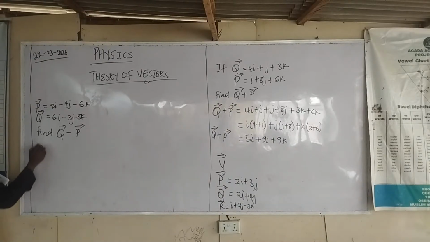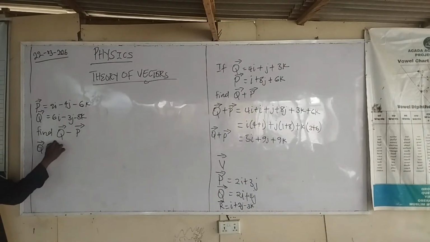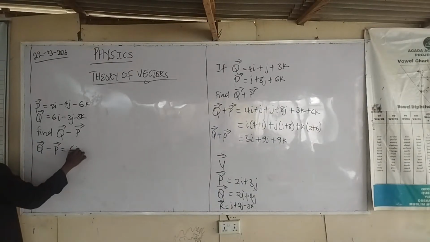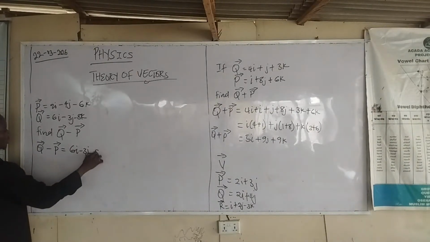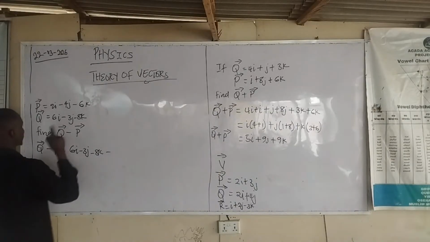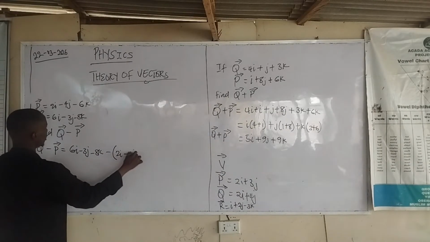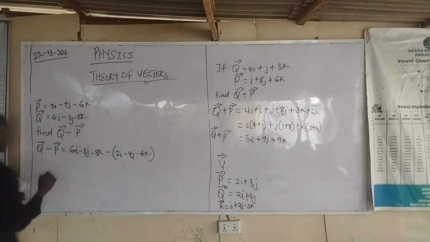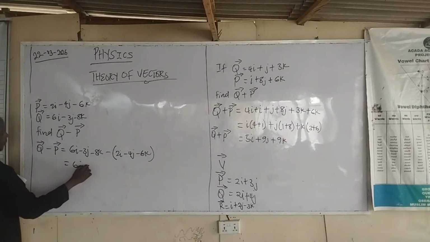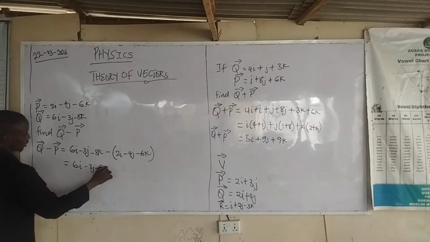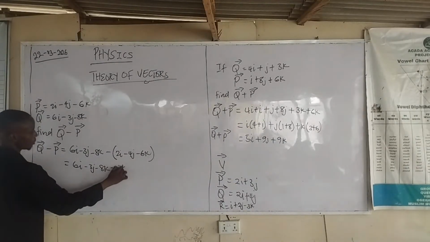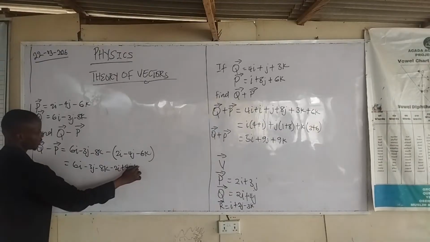So we have q minus p equals 6i minus 3j minus 8k minus, open bracket, 2i minus 4j minus 6k. So this now will be 6i minus 3j minus 8k minus 2i plus 4j plus 6k.